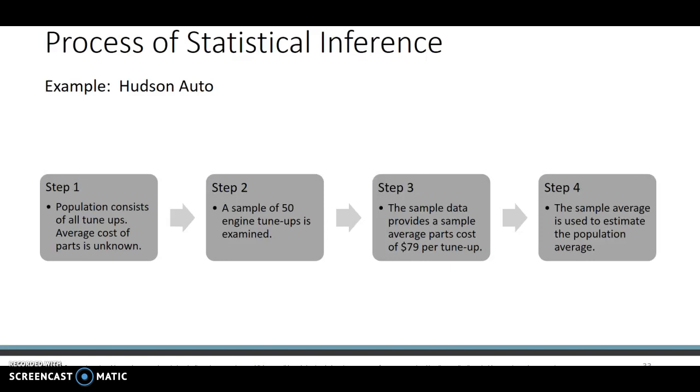Step two, we sample 50 engine tune-ups. Then the sample data provides a sample average part cost of $79 per tune-up. The sample average is used to estimate the population average, what we actually spend on average for a given tune-up in the population.